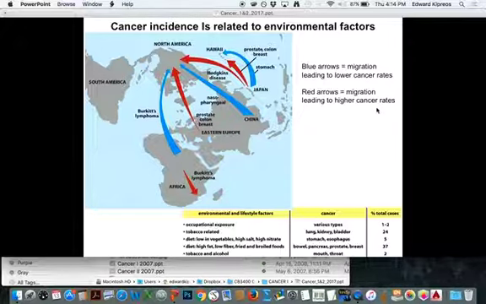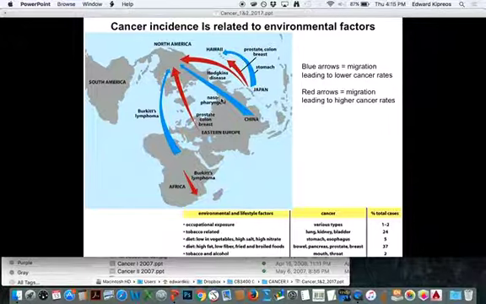If we go from Japan to Hawaii, the rate of stomach cancer goes down. Nasopharyngeal cancer is super high in China, and if Chinese migrate to America and become Chinese Americans, or have kids here, the rate goes way down.